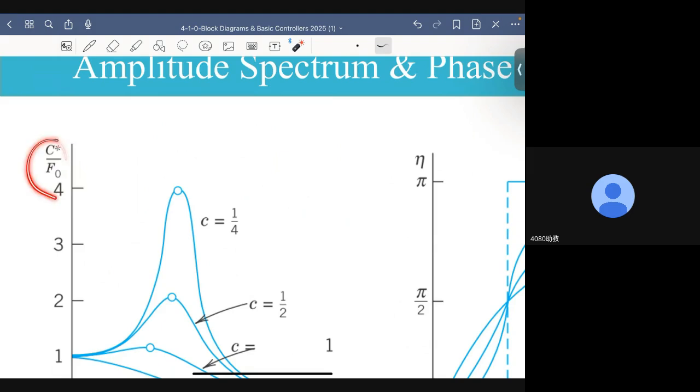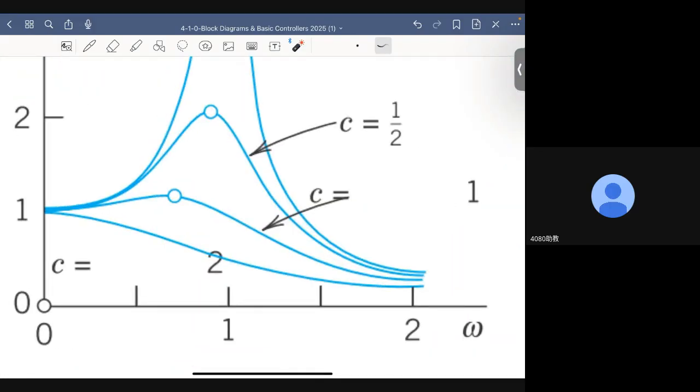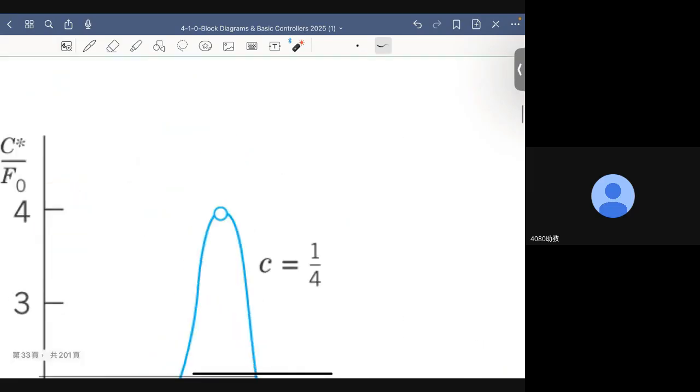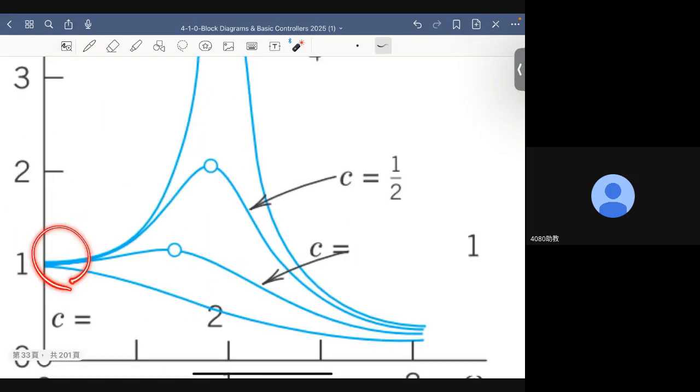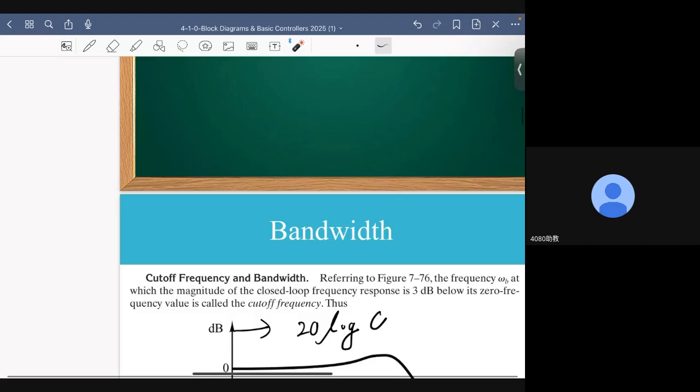For the actual output to be exactly the same as the reference input, that is the basic goal of control. And for that to be true, at least for this sinusoidal excitation signal, the ratio of C to F0 has to be 1. But this is not always true. It is true only when omega is small enough. Why is that the case?